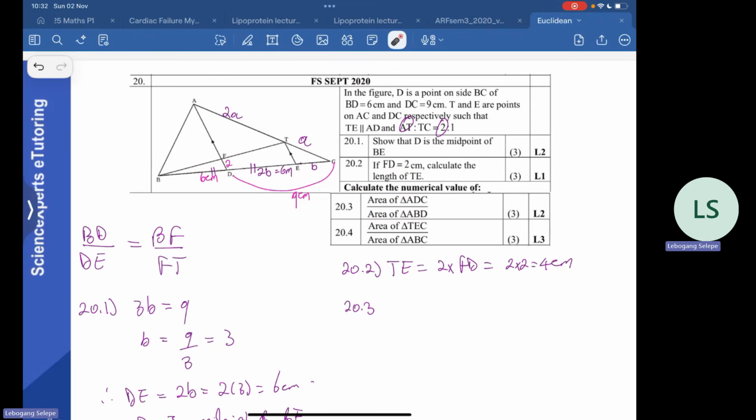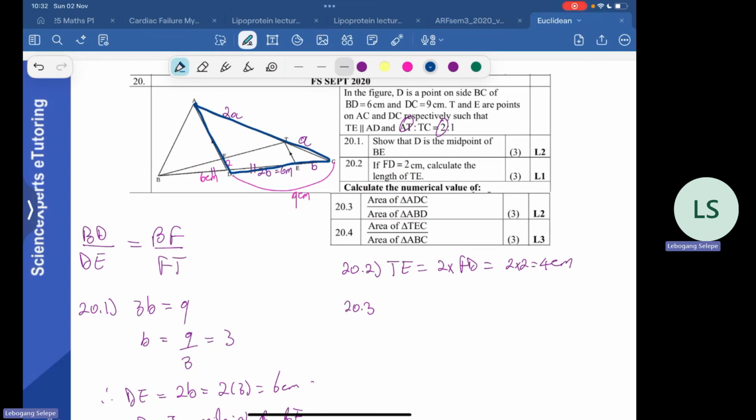If they have a common perpendicular height, meaning they come from a common vertex but don't necessarily have a common angle, then we're going to use the area equals half base times perpendicular height formula. So let's indicate the triangles: ADC is here, and the other one is ABD.